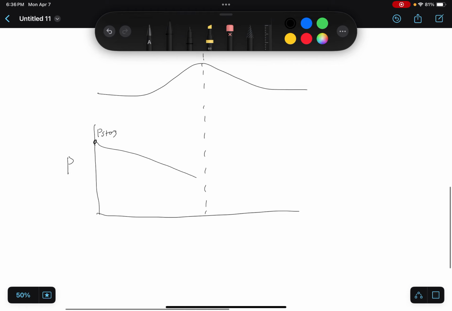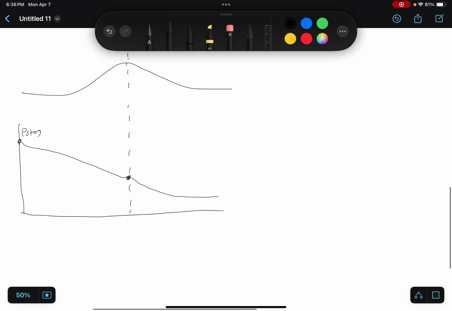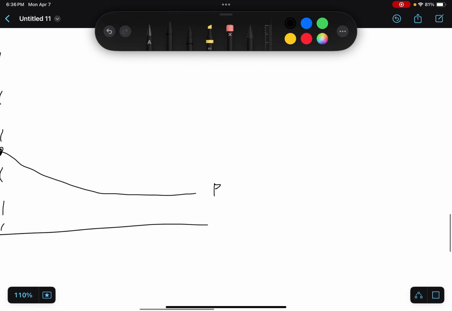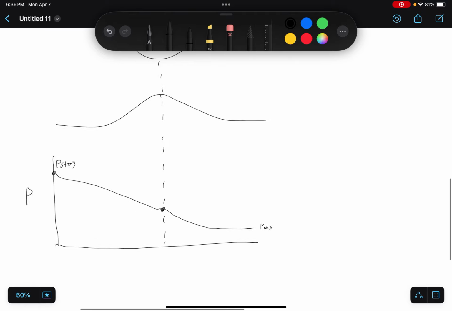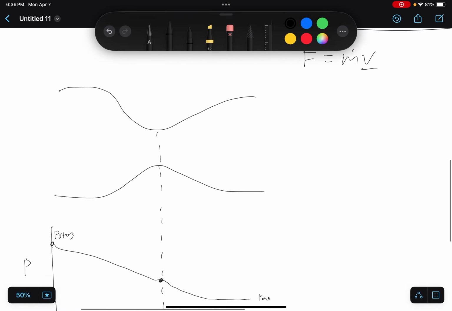So it would decrease down to the choke, and ideally it would decrease even more and then go out the exhaust at P ambient. Right at P ambient, not any different. And you control that again by controlling the area.